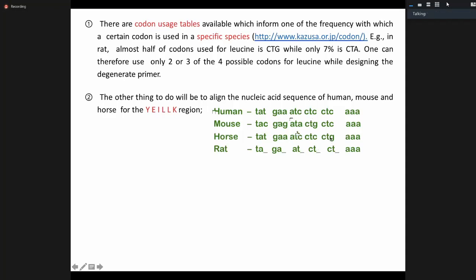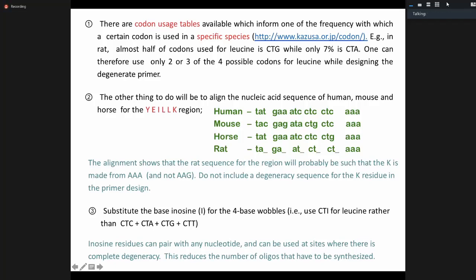And then look at K. Here, we can identify that the codon that codes for K is only AAA. So definitely this will be AA. We can assume that rat also has the AAA codon. So in this case, we only need to design the degenerate primer at this particular position and assume this is only AAA.